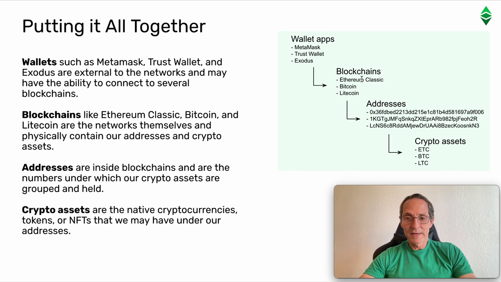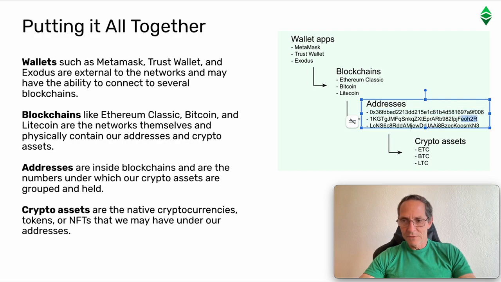You may have activated or enabled Ethereum Classic, Bitcoin, and Litecoin. So the wallet is an app from your side where you connect to the different blockchains. And then inside each blockchain you can have addresses. For example, this is an address for Ethereum Classic.